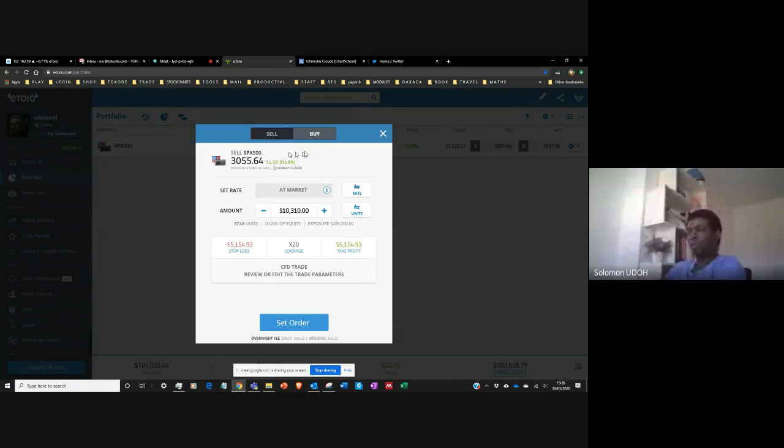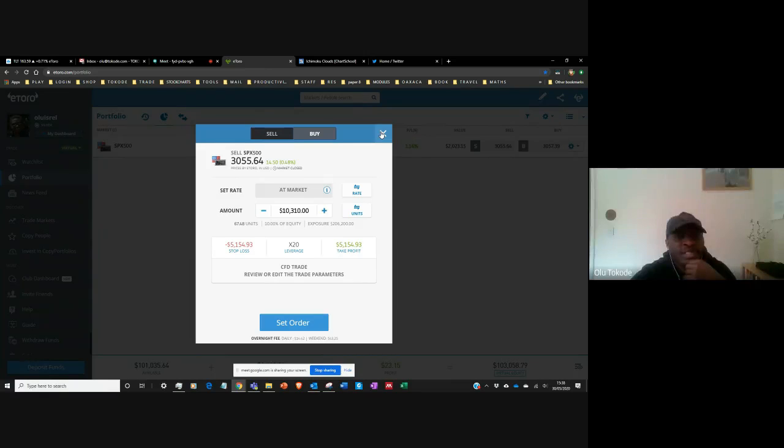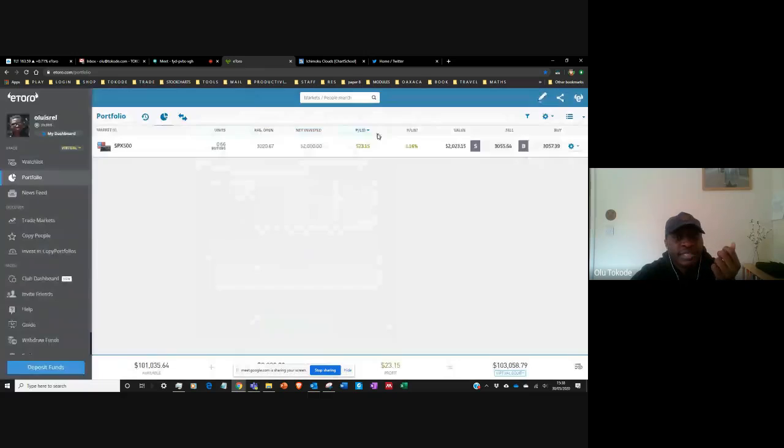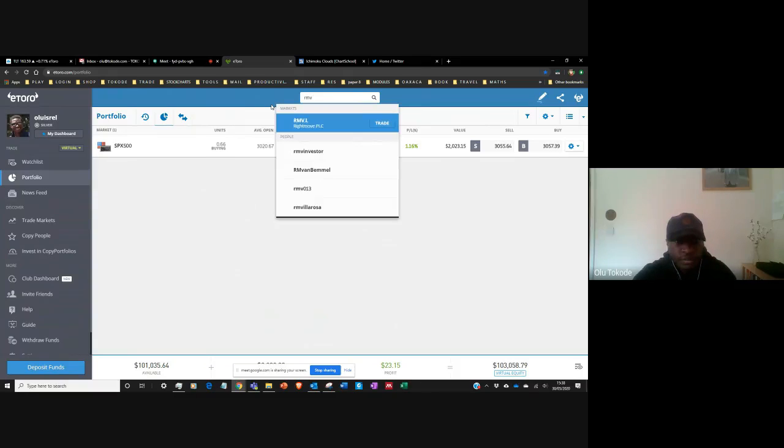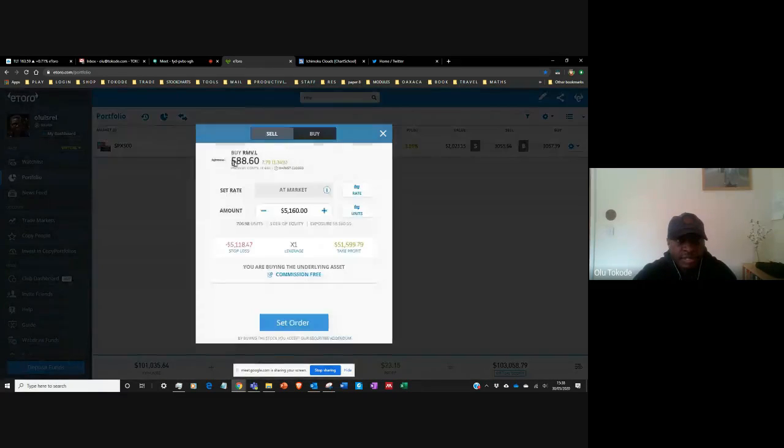With the shares, it's basically you look at the price of one share. Rightmove, one share costs 588.60.